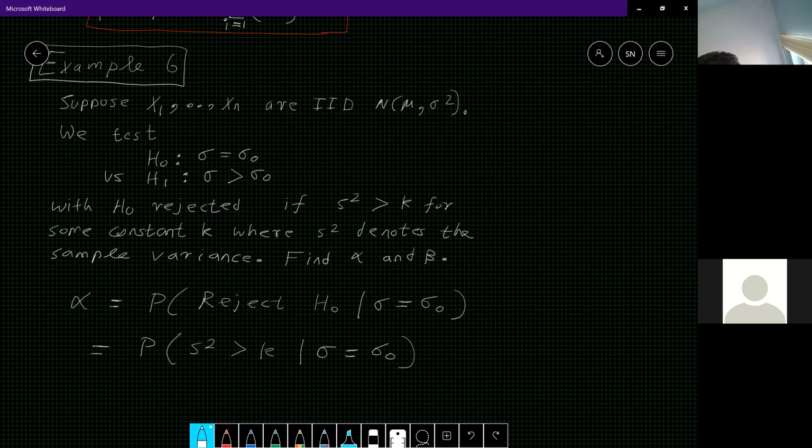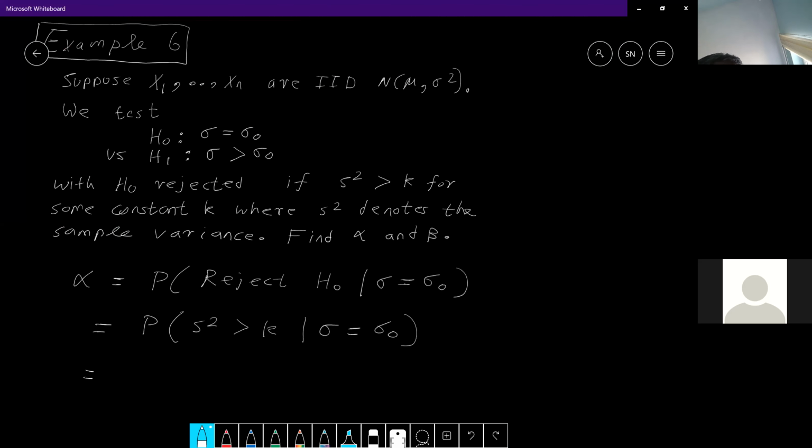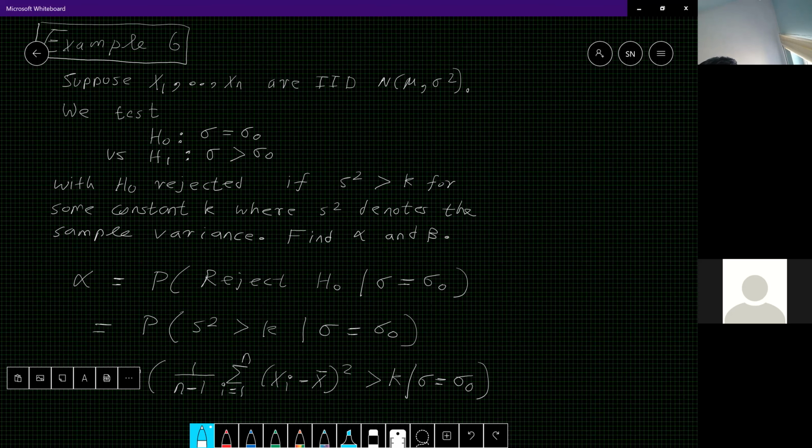Do you guys remember the unbiased version? It's going to be 1 divided by n minus 1 times the sum from 1 to n of xi minus x bar squared greater than k, given that sigma equal to sigma 0. Okay, so this is the unbiased version of the sample variance. You probably recall this from some time ago.